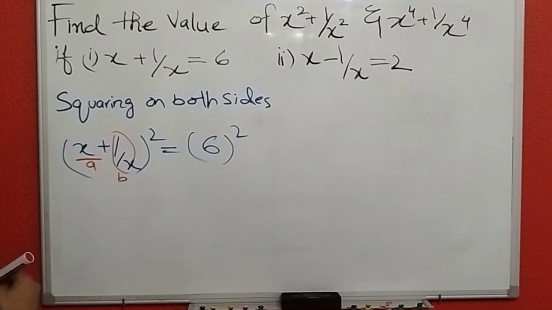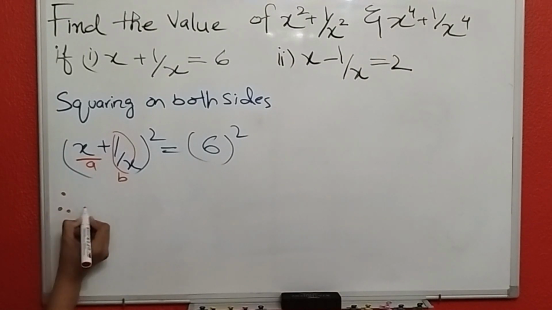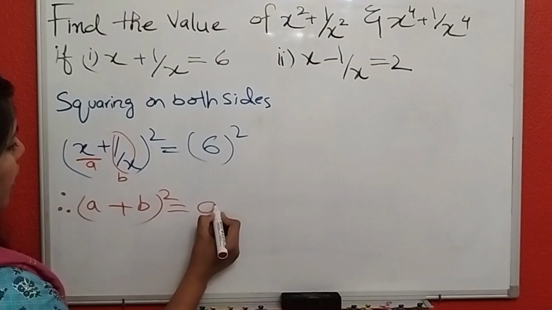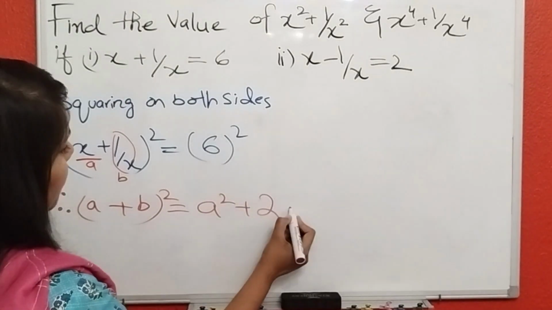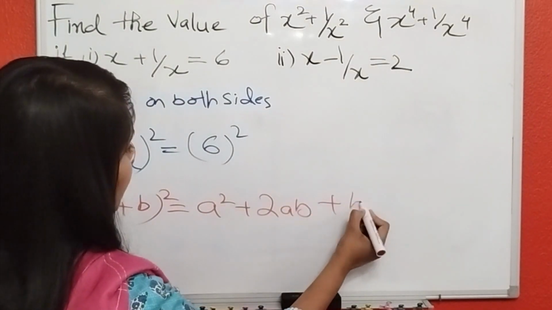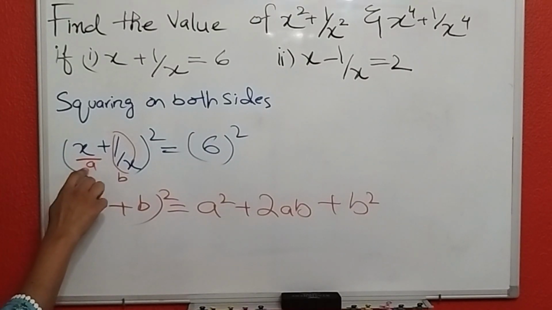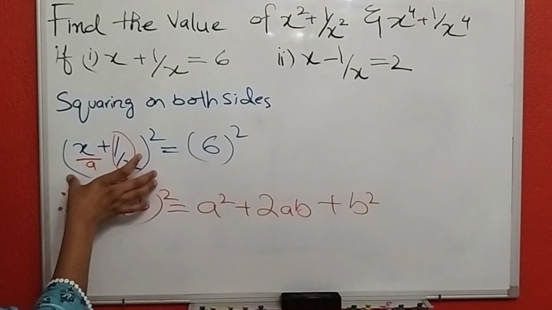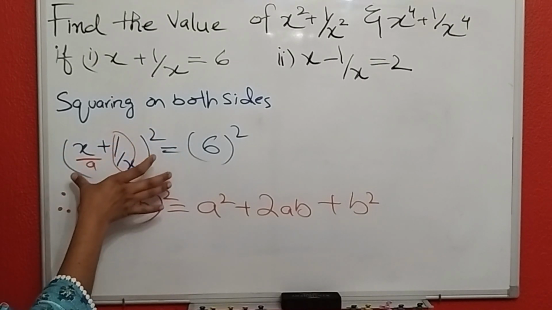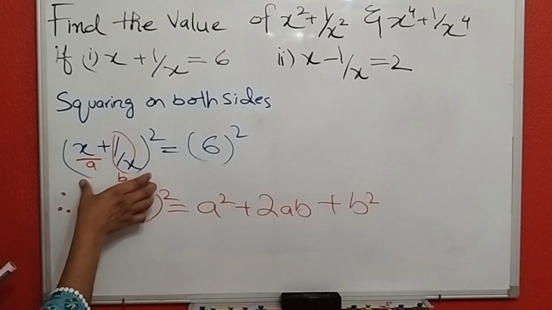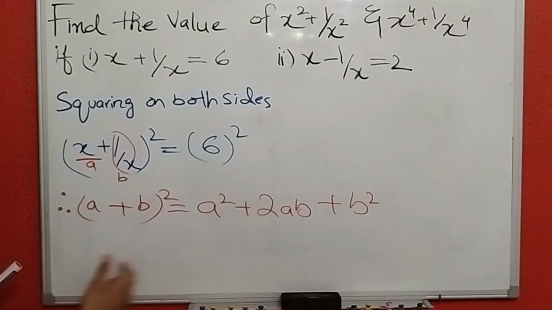So I am using the formula (a plus b) whole square is equal to a square plus 2ab plus b square. Now you can see these two values are adding and have whole square on them. So I am applying this formula here, and now I am opening the bracket according to this formula.